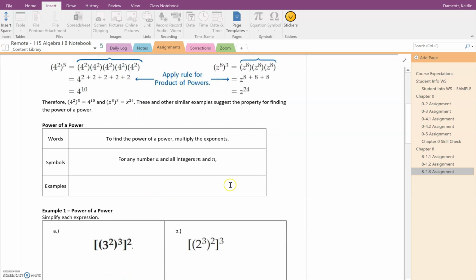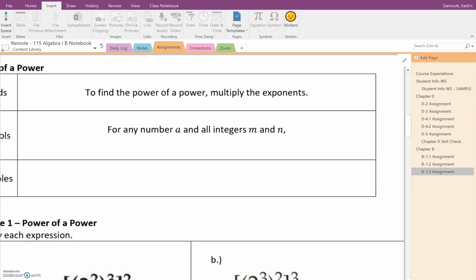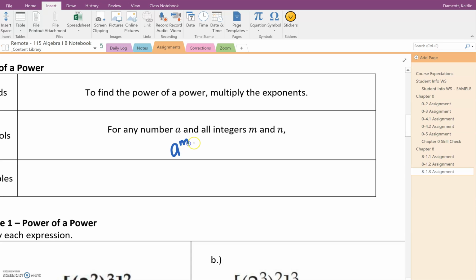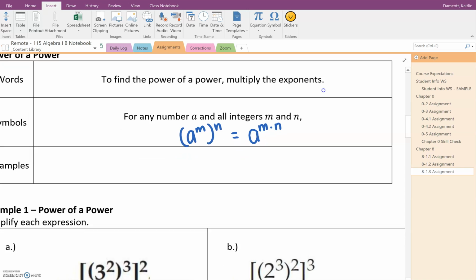We're going to write this as: for any number a and all integers m and n, if a to the m power, in parentheses, is raised to the n power, all we're going to end up with is a raised to the m times n, meaning we're just multiplying our exponents.